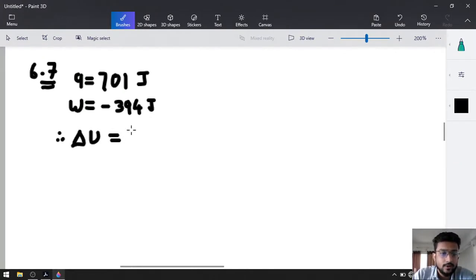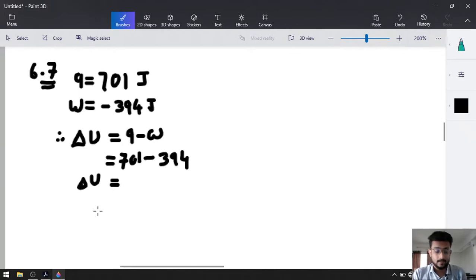It will be equal to Q minus W because work is done by the system and heat is absorbed. So 701 minus 394, ΔU, the answer will be equal to 307 joule, the change in internal energy.